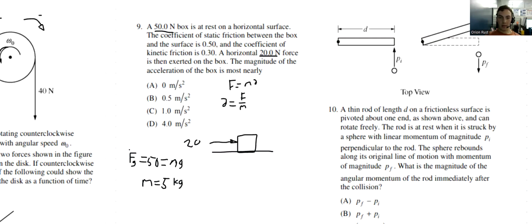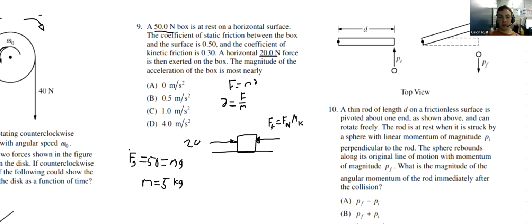But wait, there's also the force of friction pushing in the opposite direction. The force of friction is equal to the normal force times the coefficient of friction. And because it's moving, because we're talking about acceleration, we want it to be the kinetic coefficient of friction.